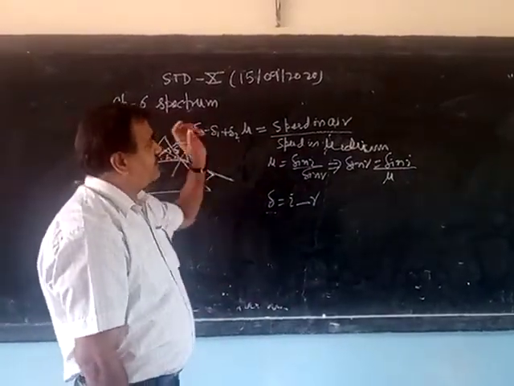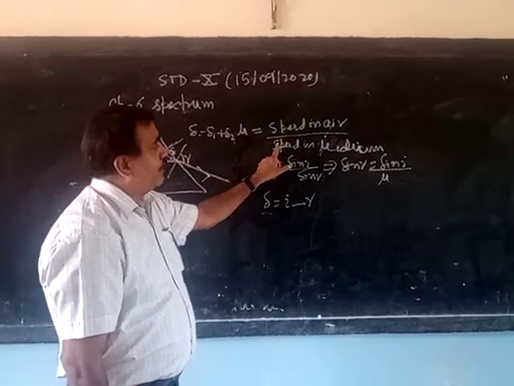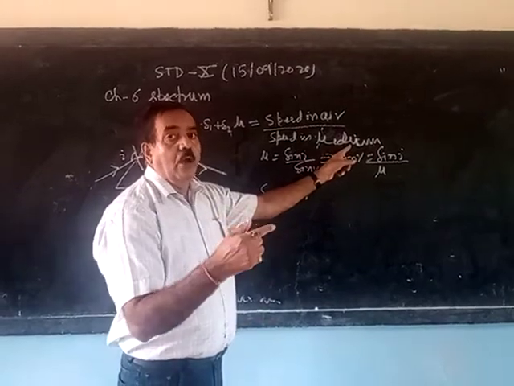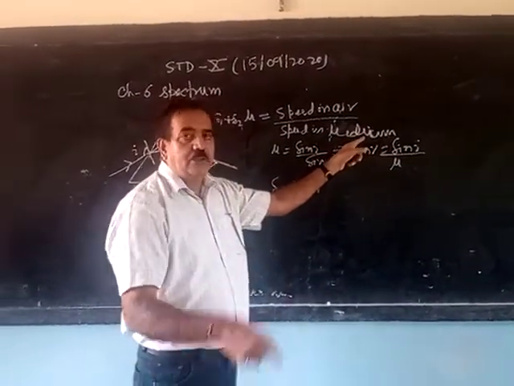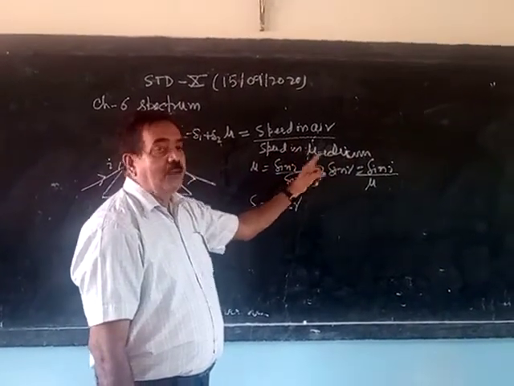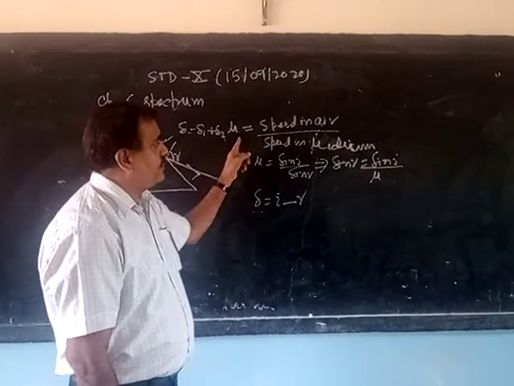Now see the condition. Watch it carefully, listen carefully. If the speed in medium is more, or you can say the wavelength, either you use the word speed or the wavelength, if speed is more or wavelength is more, the refractive index will be less, according to inverse proportion.